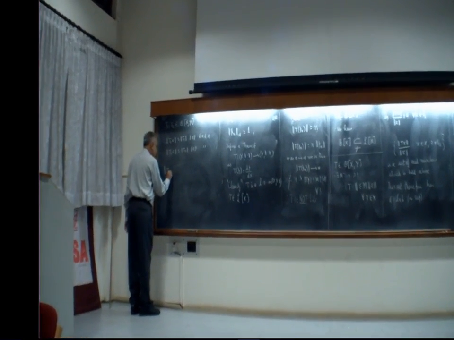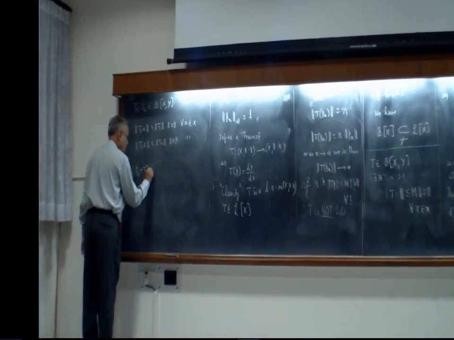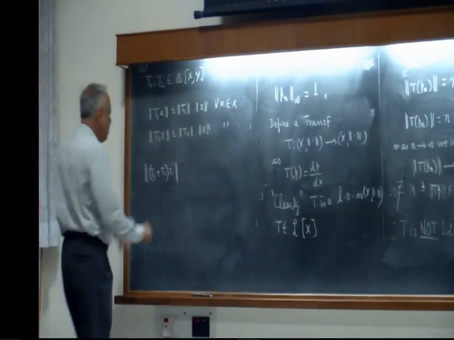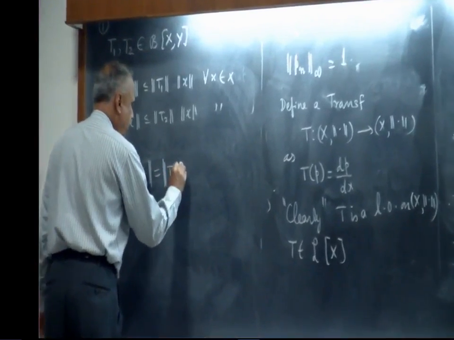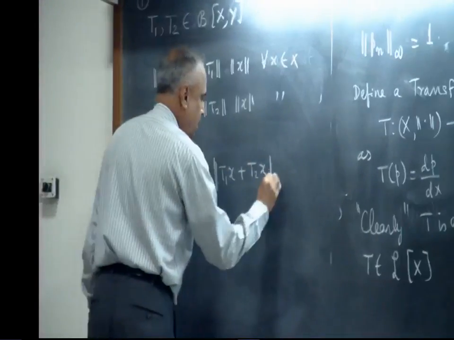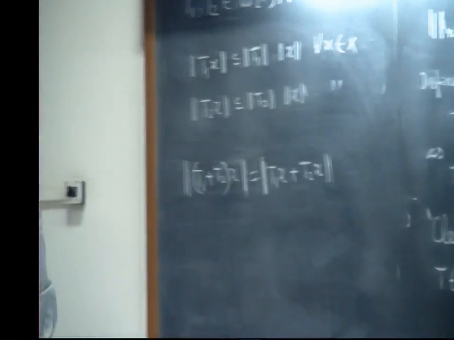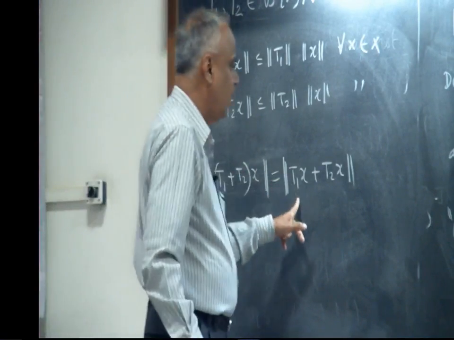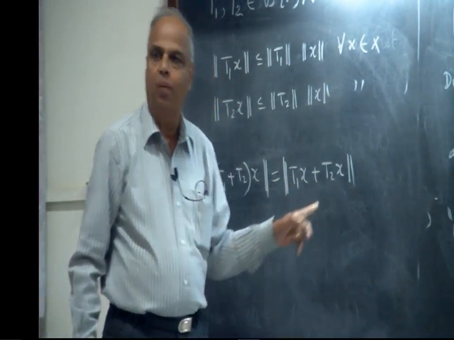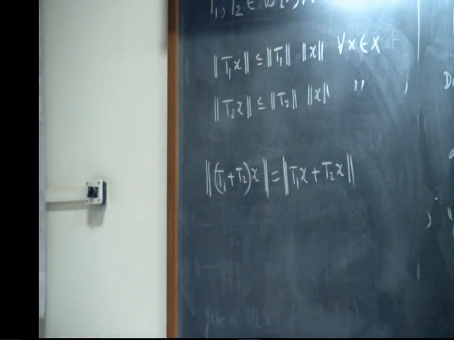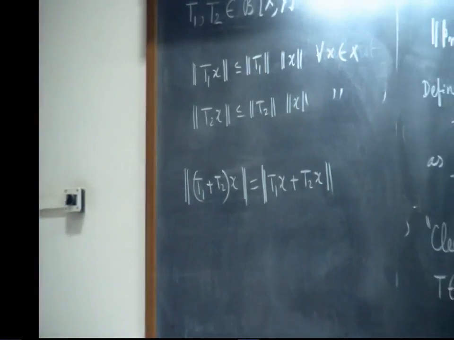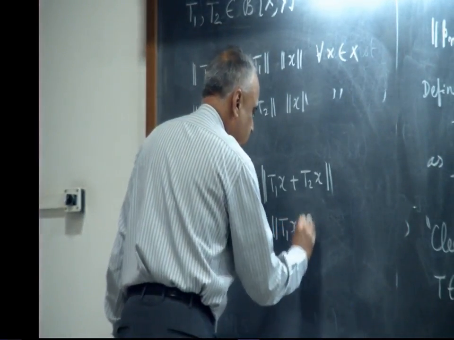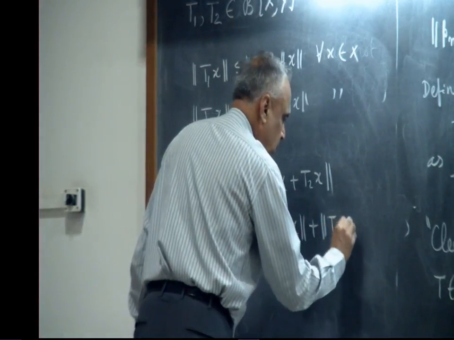If I now look at the sum operator, by definition the sum is defined as T1x plus T2x. Now this is a vector in Y, and this is also a vector in Y, so we can apply the triangle inequality for the norm in Y. That will be less than or equal to norm of T1x plus norm of T2x.